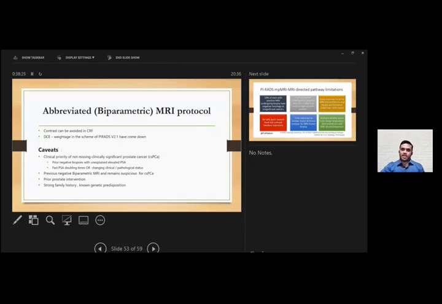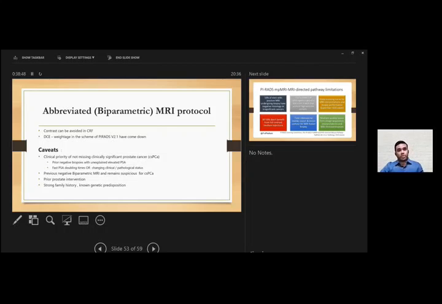However, we must realize that this kind of biparametric MRI, without giving contrast, is not recommended if the patient has had a prior negative biopsy and has an unexplained elevated PSA or a fast doubling PSA.